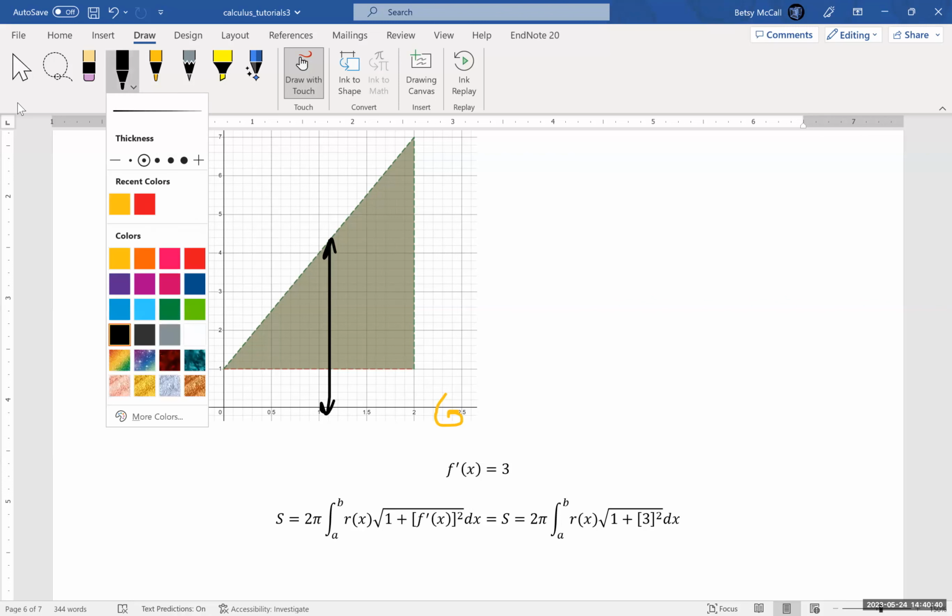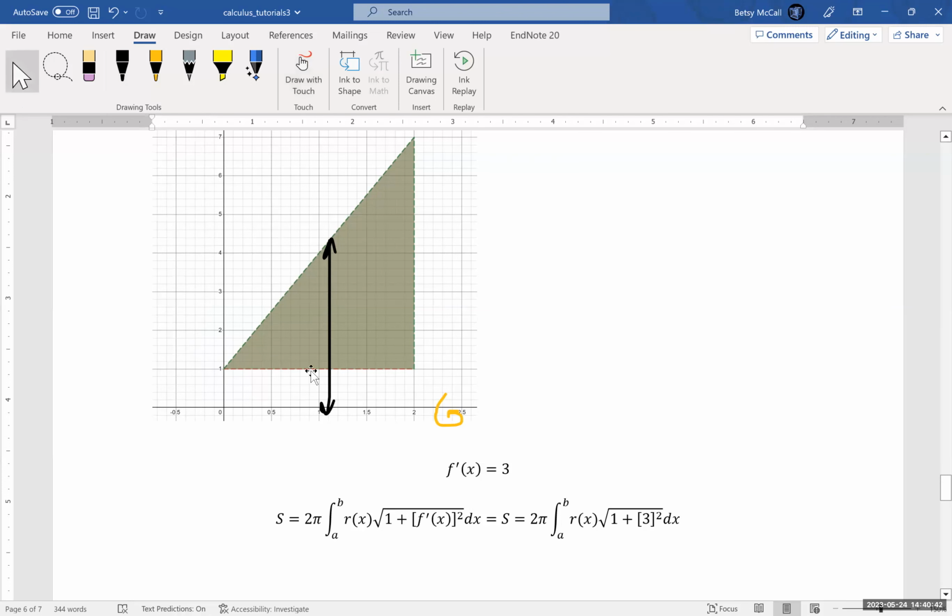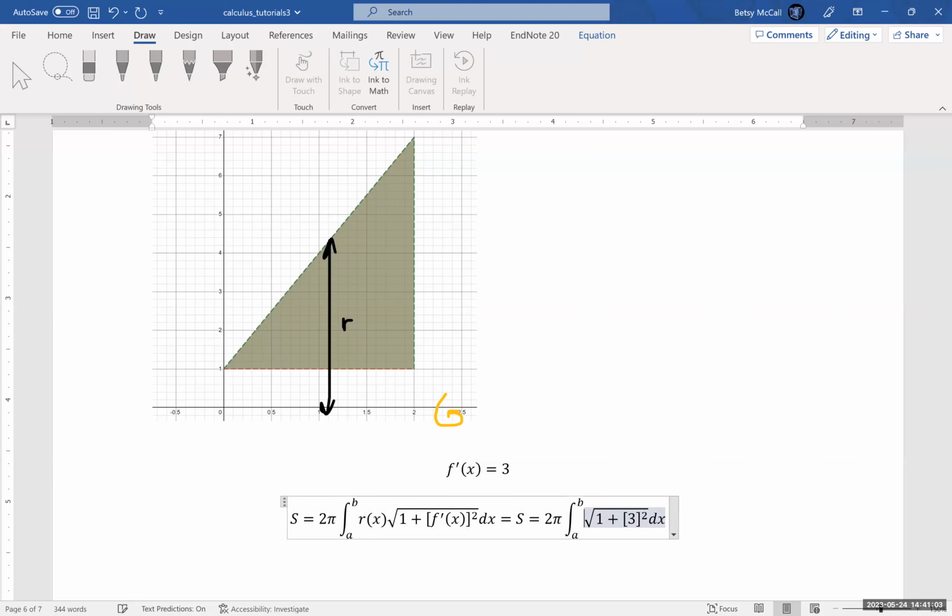It's essentially the distance to the axis of rotation. And that axis of rotation in this case is going to be the x-axis. And if that's the case, then this function here is going to become essentially y, the distance in y, which in our case is 3x plus 1.